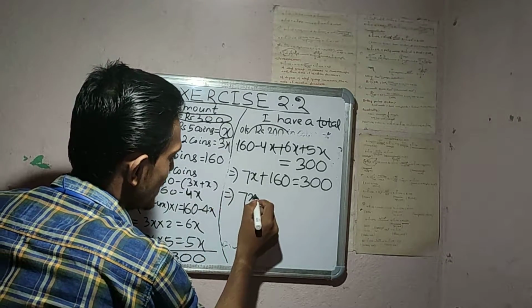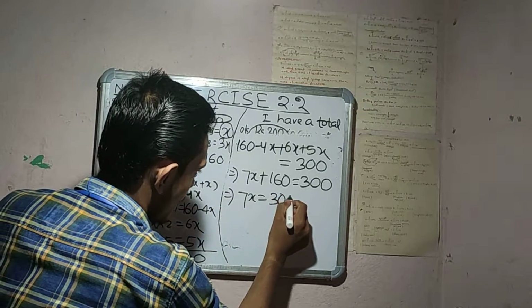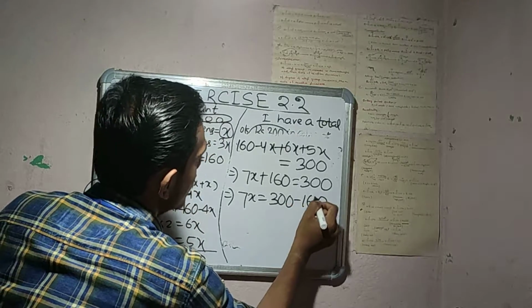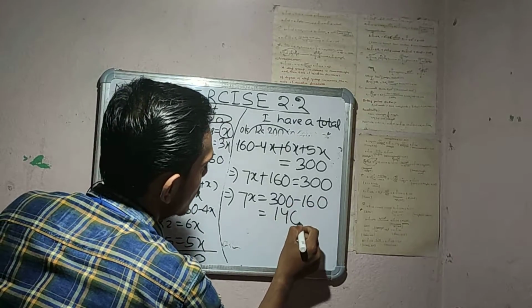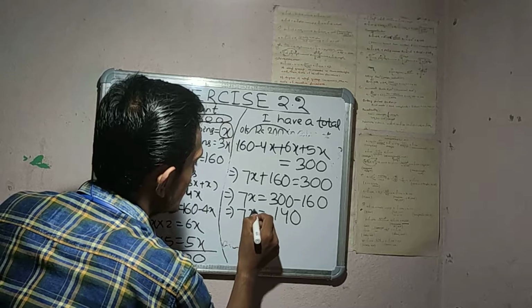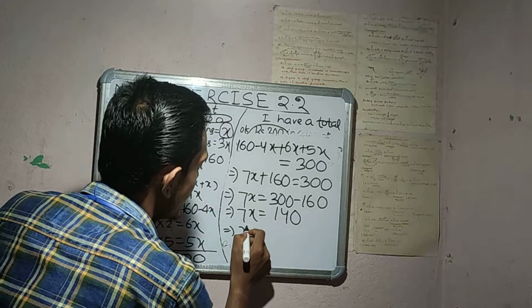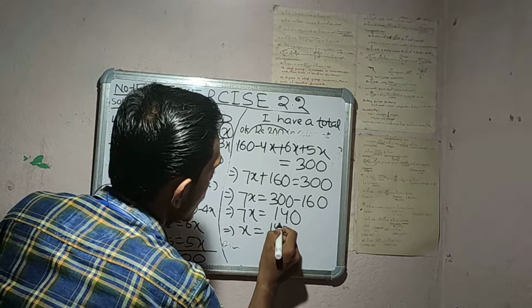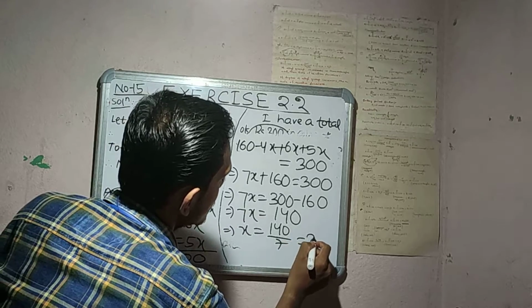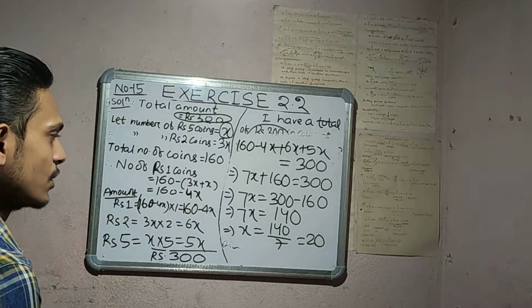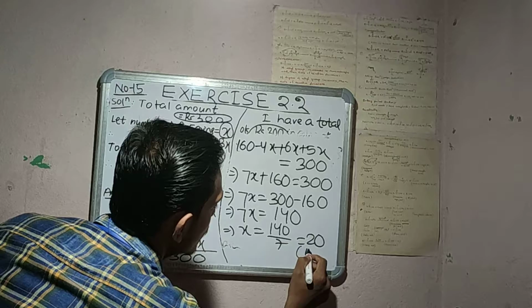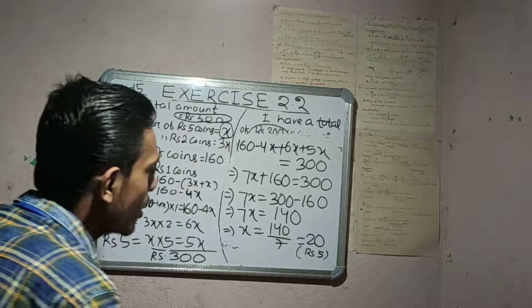So 7x is equal to 300 minus 160, that is 140. So 7x is equal to 140, x is equal to 140 upon 7, that is 20. So x is 20, that is the number of rupee 5 coins.